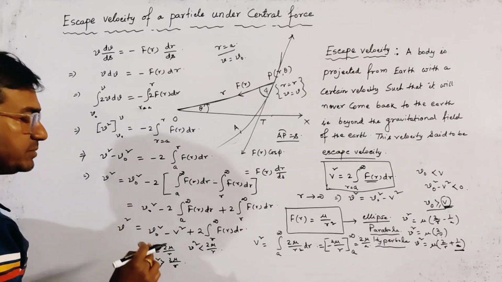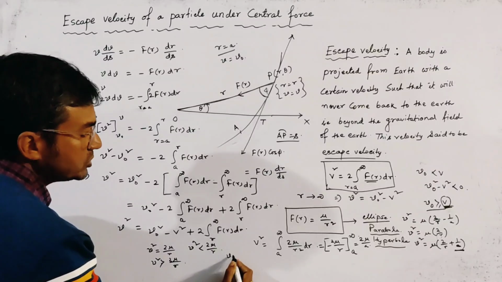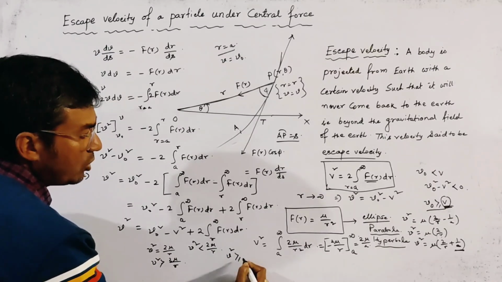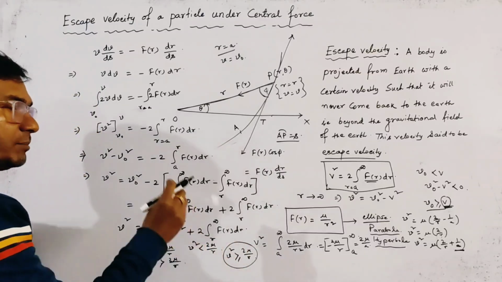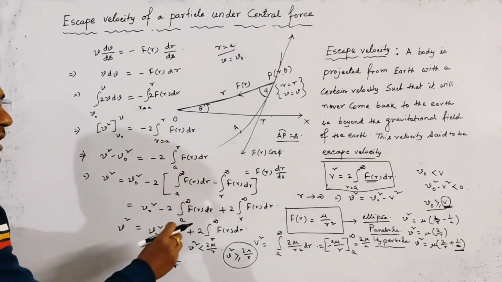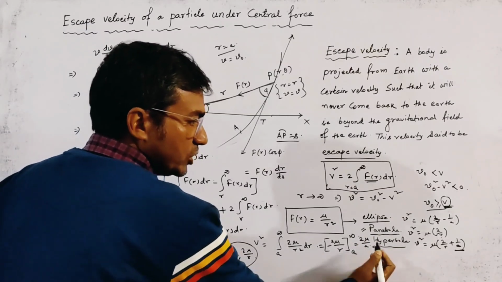So if v square is greater than or equal to 2 mu by r, then the particle in central orbit under inverse square law forms a parabolic orbit or a hyperbolic orbit.